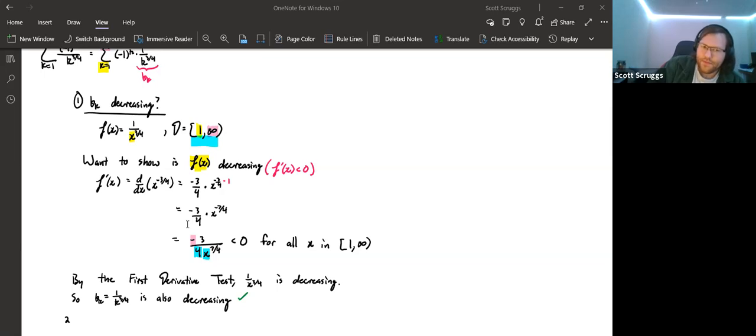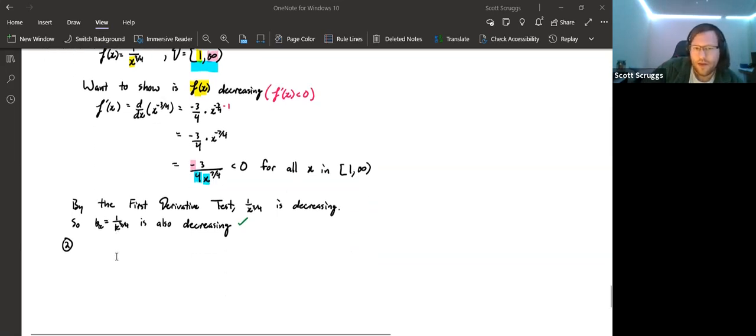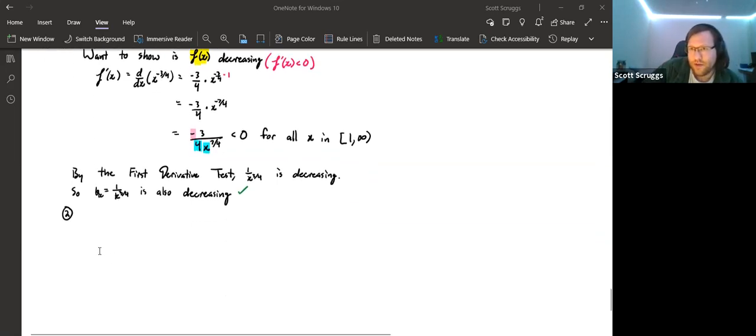Condition 2 is going to be very short, sweet, to the point. I'm taking the limit of b of k, the limit as k goes to infinity of 1 over k to the 3/4 power.